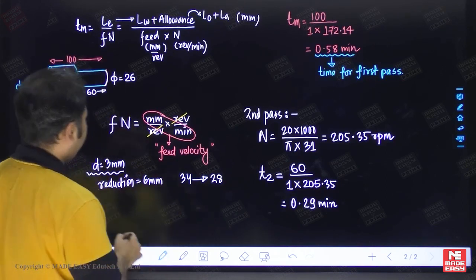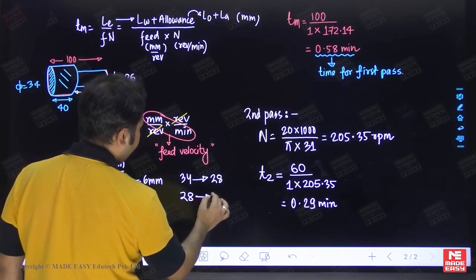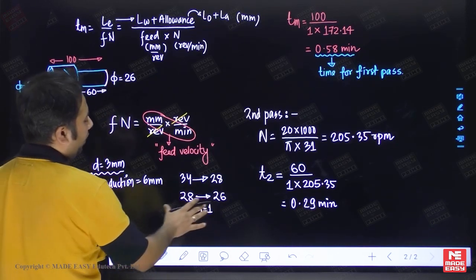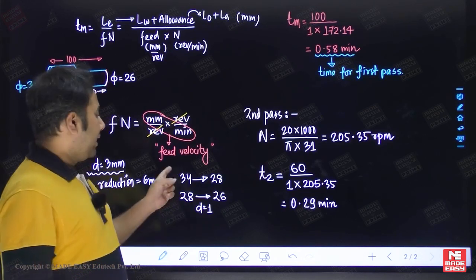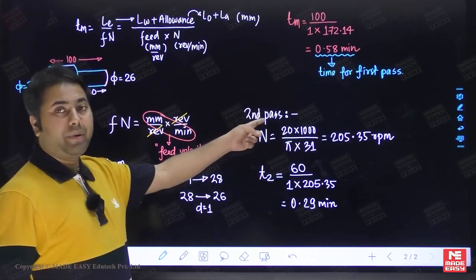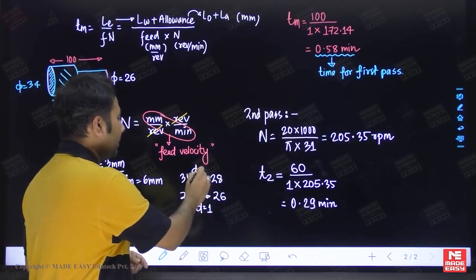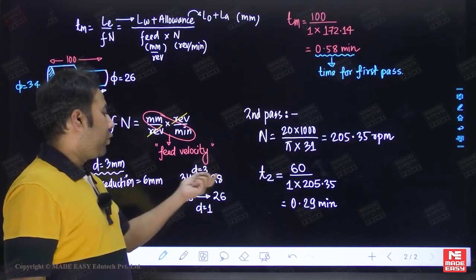Now we have to go for the third pass. This is the time for the second pass. In the third pass, we have to reduce the diameter from 28 to 26. So this time we will keep the depth of cut as 1 because now the reduction required is only 2 mm. In the second pass, the depth of cut required was the maximum, up to 3 mm, because we wanted to reach from 34 to 28.